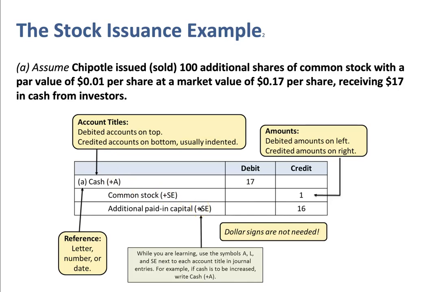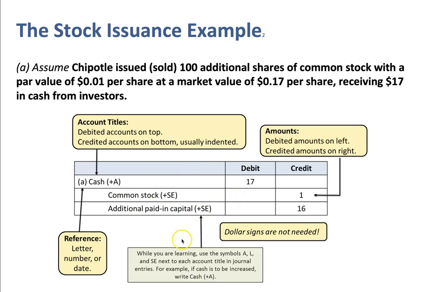And you would also see debits are always above credits, okay? You always write debit first, and then credit will follow. And the credit accounts are usually indented to the right a little bit compared to the debit, so people know this is a credit, all right? So this is the structure.